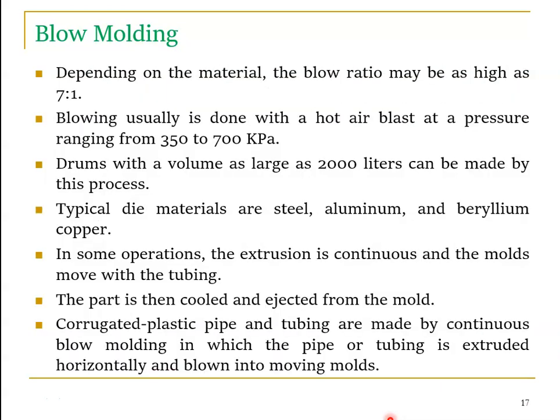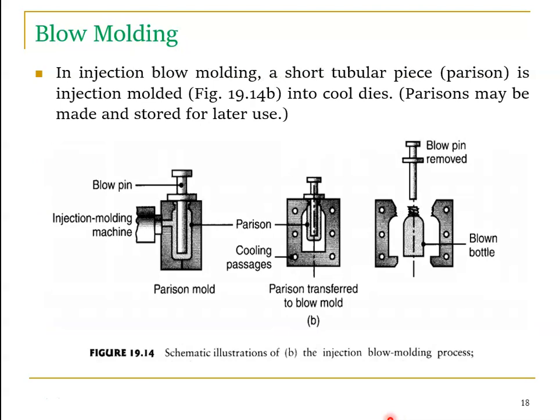Another type of blow molding uses a parison. In injection blow molding, a short tubular piece called a parison is injection molded into a cool die. First, the extrusion part: we have a parison mold and we place the material. We make a parison, which is basically a preform of the raw material.